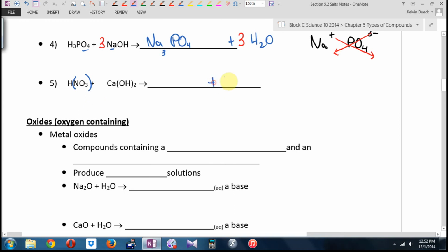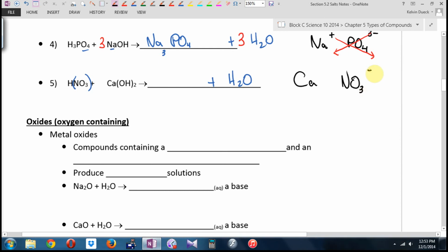I know one of them is going to be water. And then the other one is going to be calcium. Calcium is going to combine with NO3. What's the charge on NO3? Negative. NO3, which is called nitrate, is negative.